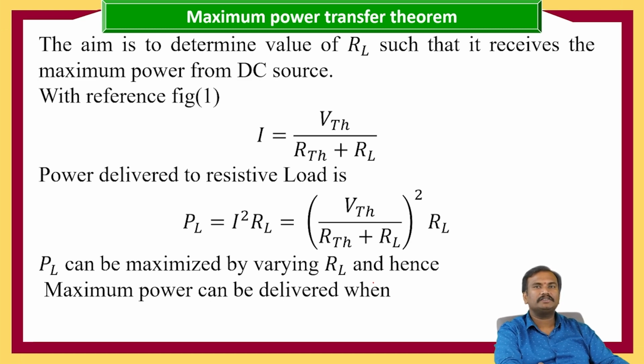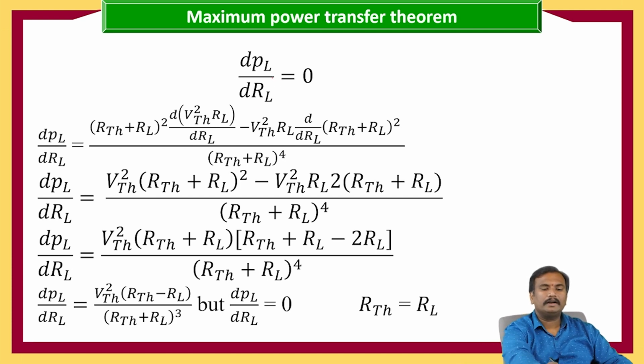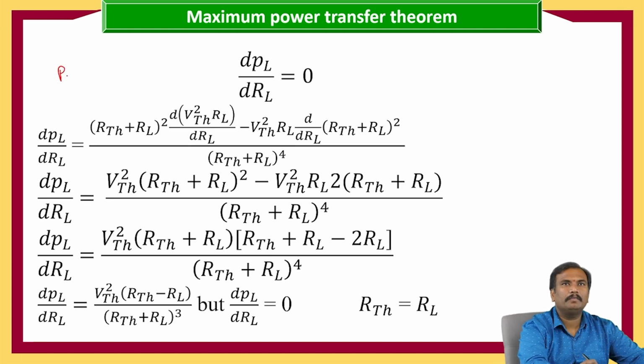If that condition is satisfied, then the maximum power will be transferred. So here we are taking dPL by dRL equal to 0.